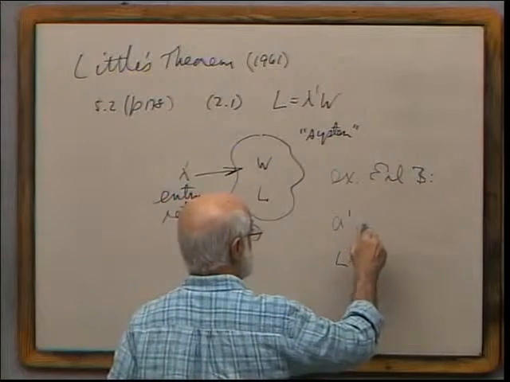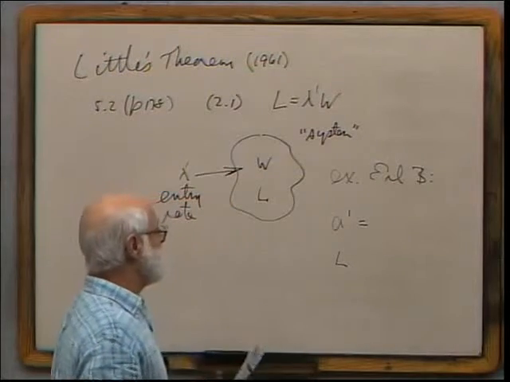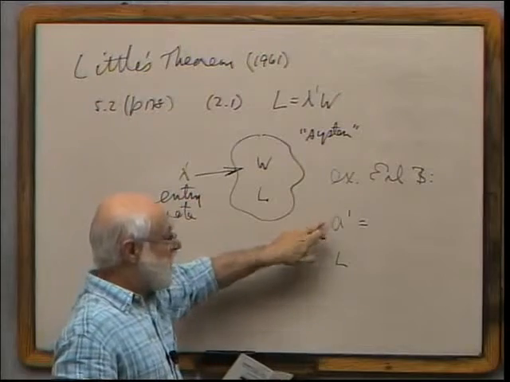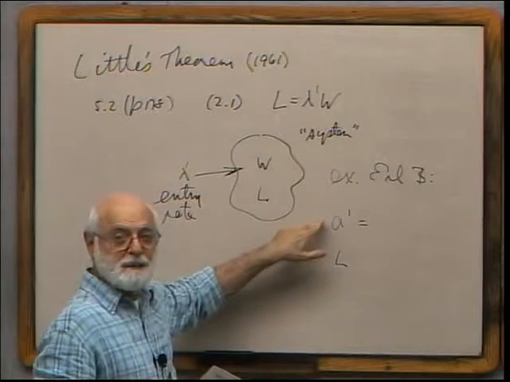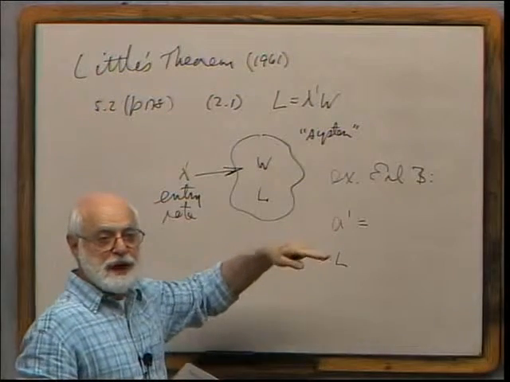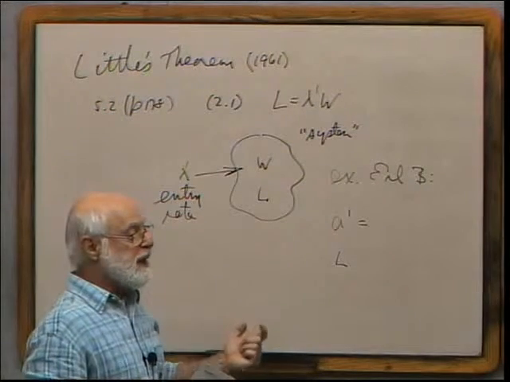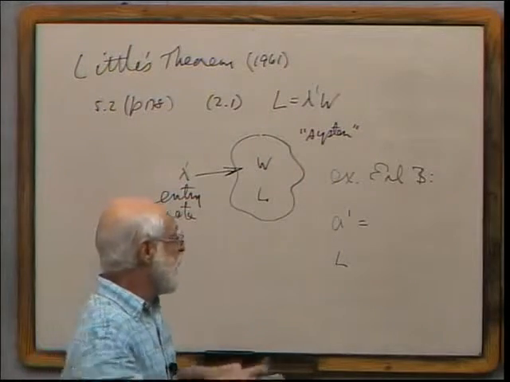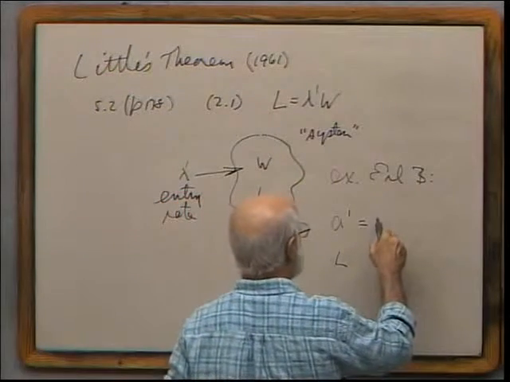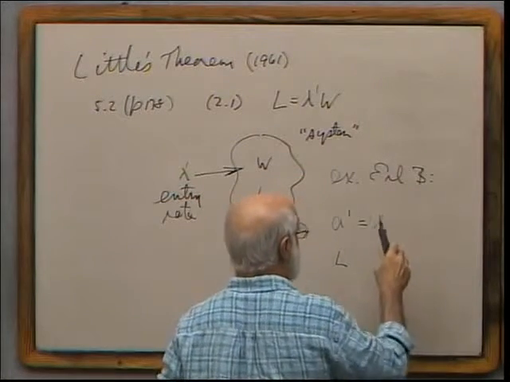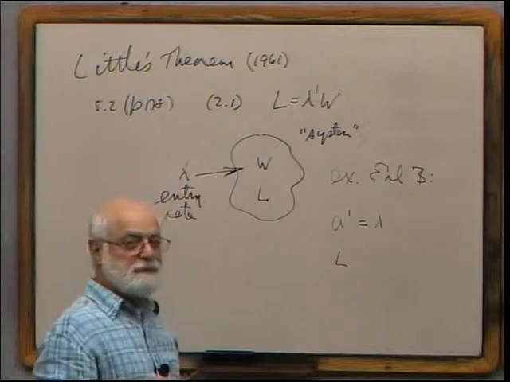Now, according to Little's formula, the average number in the system, which is the carried load if the system is an Erlang-B system, is the rate at which they enter times the average time they spend. What is the rate at which the customers actually enter the Erlang-B system? Well, they arrive at rate lambda, and a fraction of them enter, and a fraction of them are turned away because they're blocked.